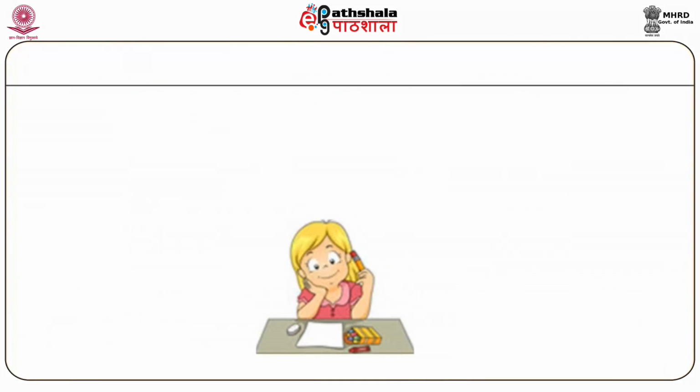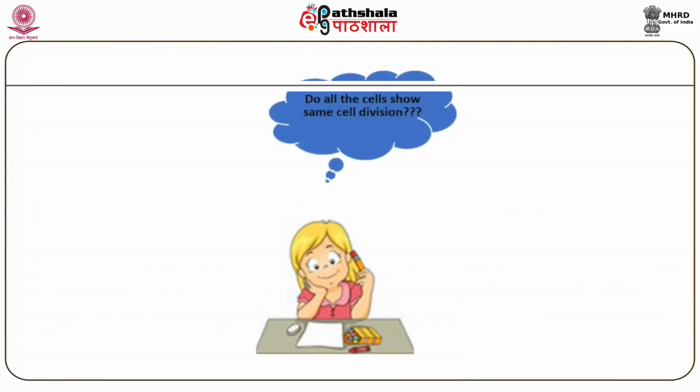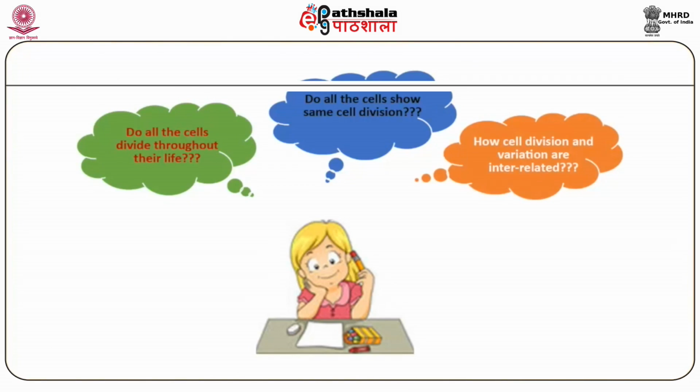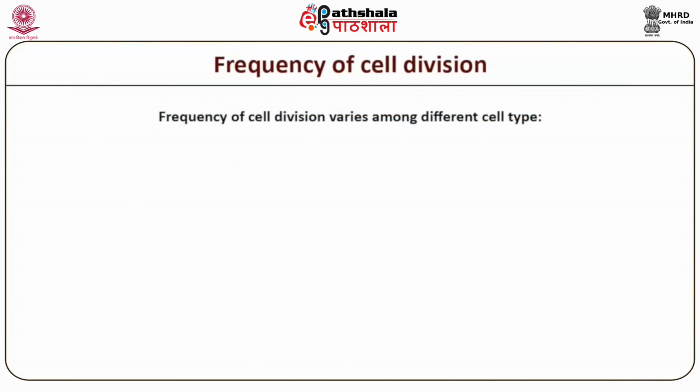Now, you must be thinking, do all the cells show the same cell division? Do all the cells divide throughout their life? Is there any connection between cell division and generation of variants? All your queries will be clear very shortly. Frequency of cell division varies among the different cell types.